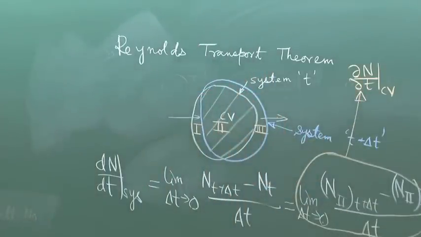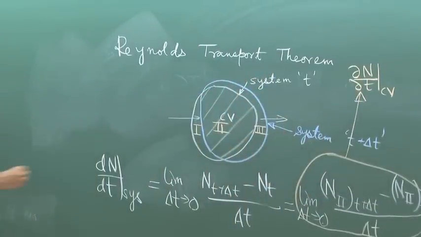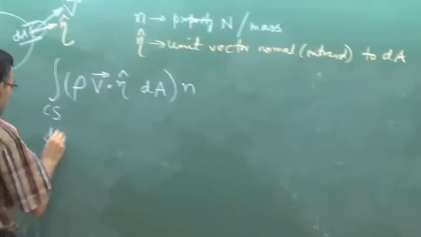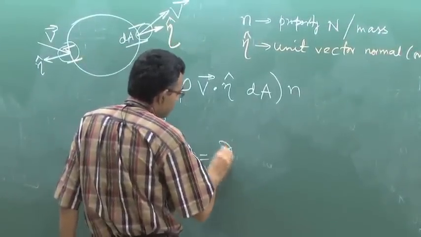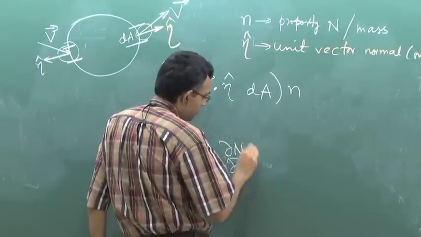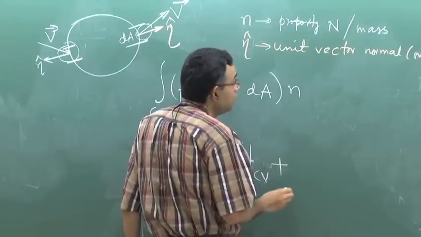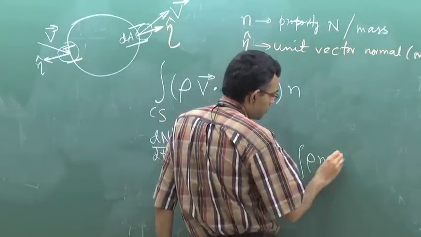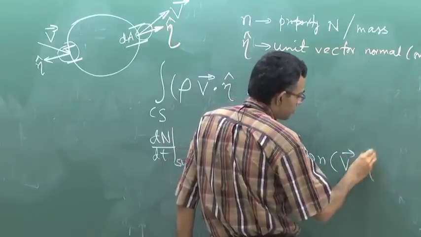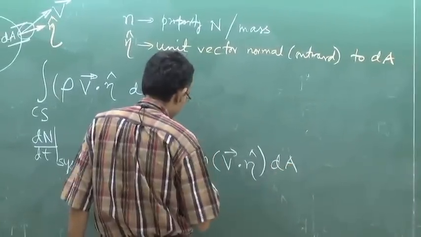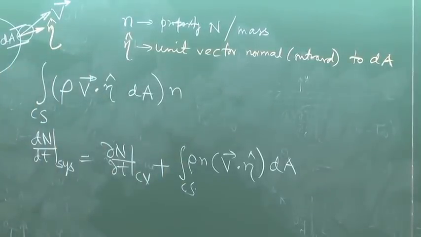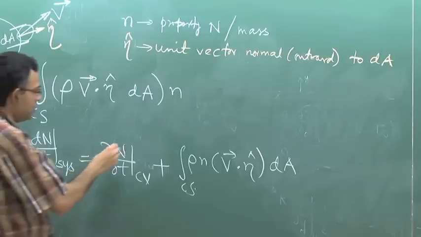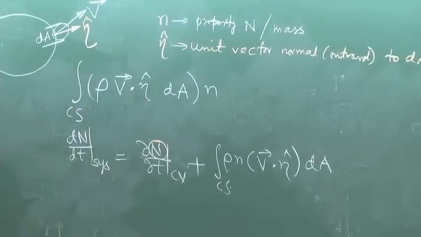So, we can combine that and use in this expression to write dN/dt of the system. Now, what is capital N of the control volume?